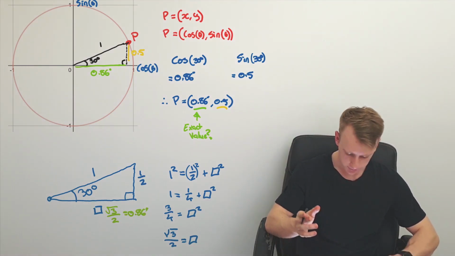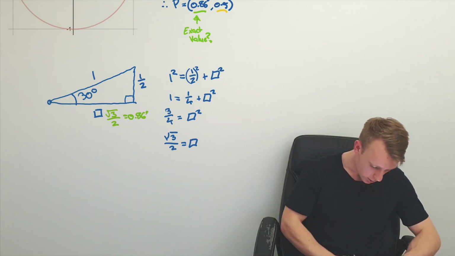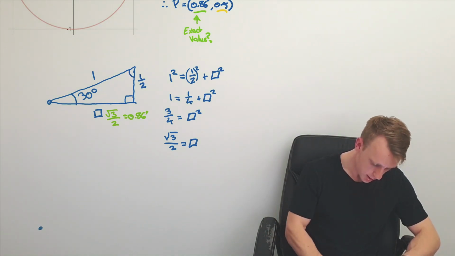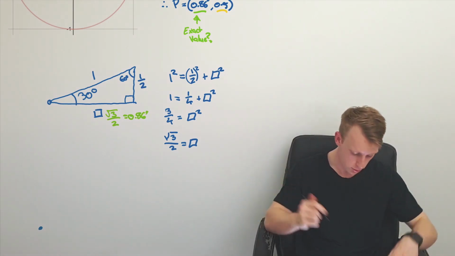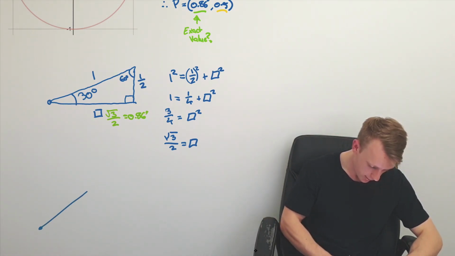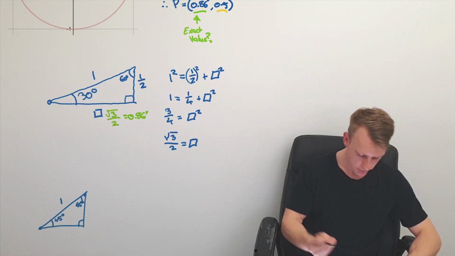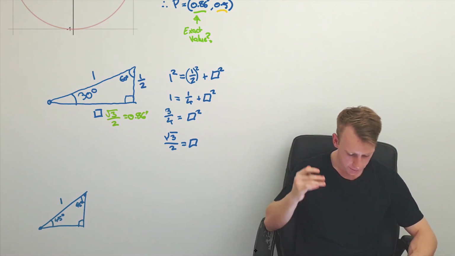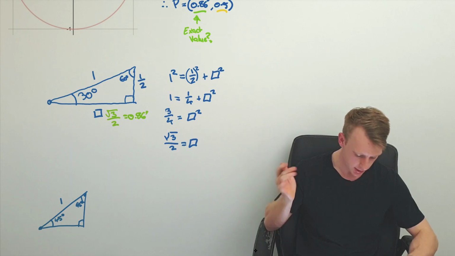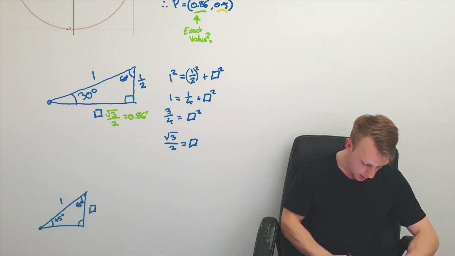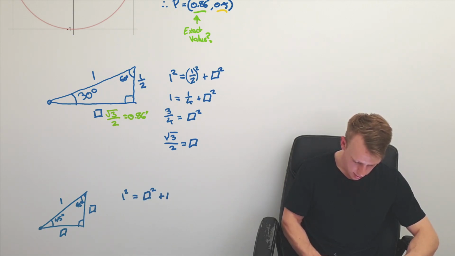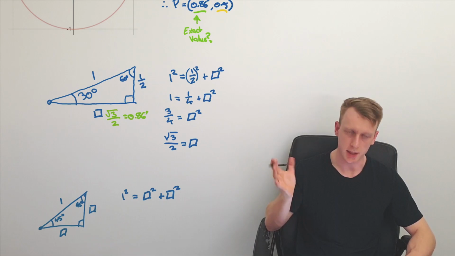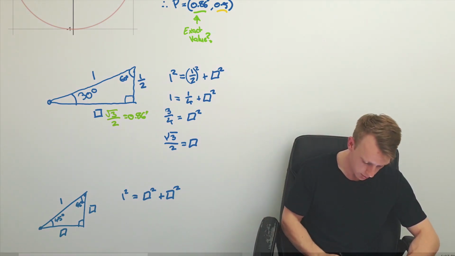Which is nice. By a similar deduction, we'll notice here that this is actually 60 degrees up here. So you've got that nice 30-60 triangle. There's another one with exact values. With a radius of 1, if it's at 45 degrees, that means it's isosceles, so this and this are the same thing. We can do a similar deduction using Pythagoras' theorem, but we've got 2 of the same thing.